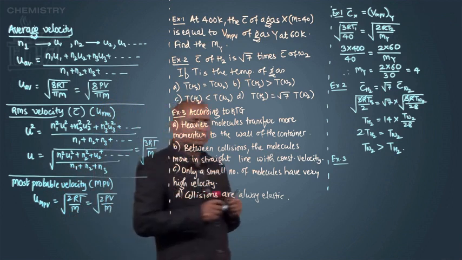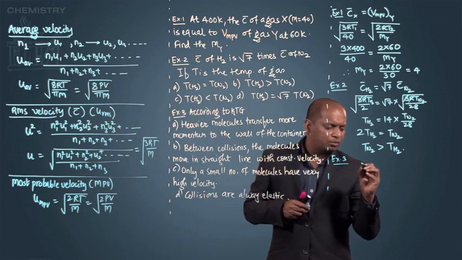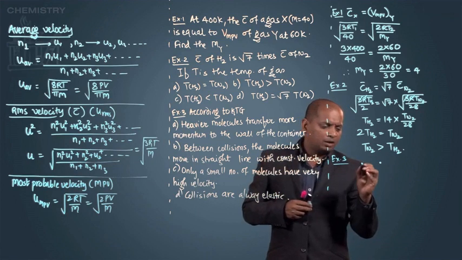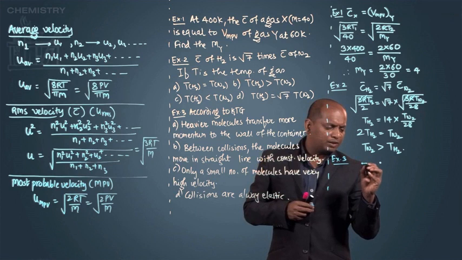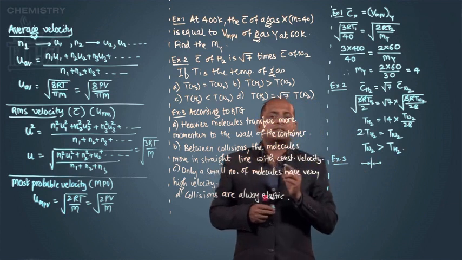Now, this is a very important concept. When I am talking about this molecule and the second molecule is at this position, and this molecule is moving in this direction and that molecule is moving in that direction, before they come to this point, they are moving in a straight line.